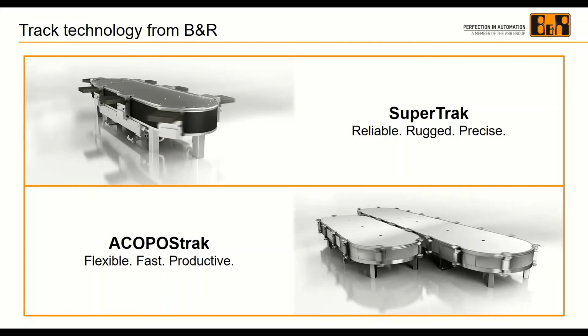It has a higher payload, higher precision, and then ACOPOStrak is based on the same technology, but it's a newer product in the product line, more dynamic, more flexible, and it's also the world's only track with high-speed diverters. So what we're going to be talking about today really applies to both track technologies, but we are going to focus a little bit more on ACOPOStrak today.